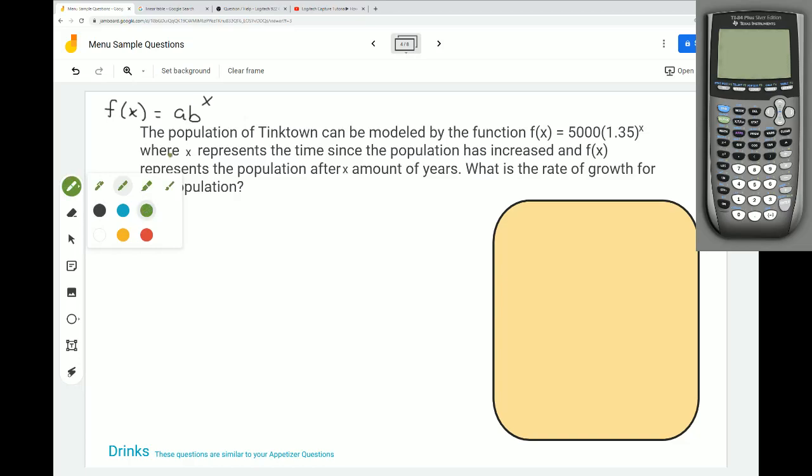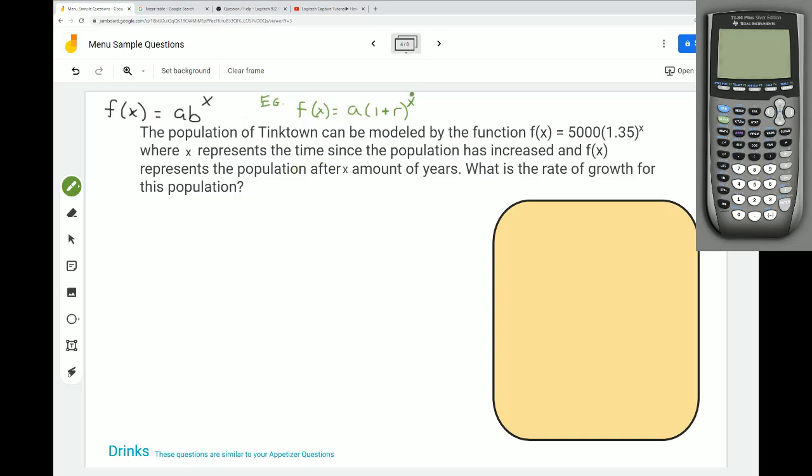Now we have two other types, and this is for exponential growth. I'll write EG. This is the function of x is equal to a, and instead of b, we have this bigger value, which is 1 plus r, which stands for our rate, to the x power.